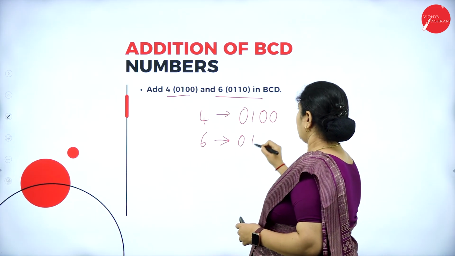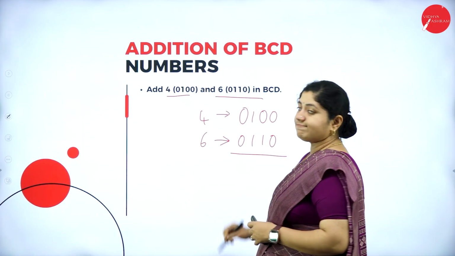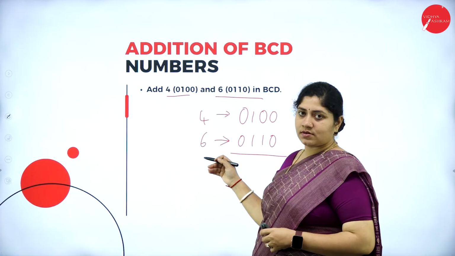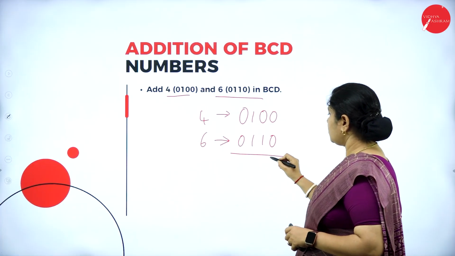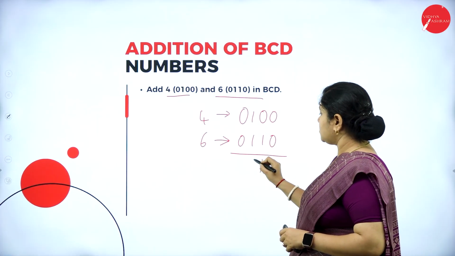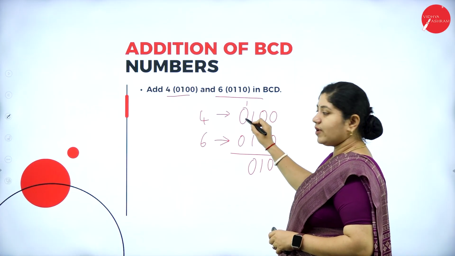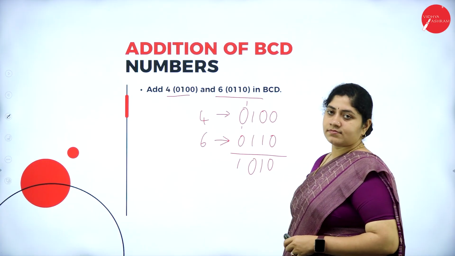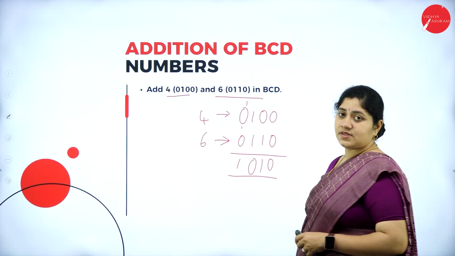That's 0, 1, 1, 0. Finally, we have to add this. 0 plus 0, okay, 0. 0 plus 1, 1. 1 plus 1 is a 0 and a carry 1. 1 plus 0, 1. 1 plus 0, 1. So, the value is 1, 0, 1, 0.